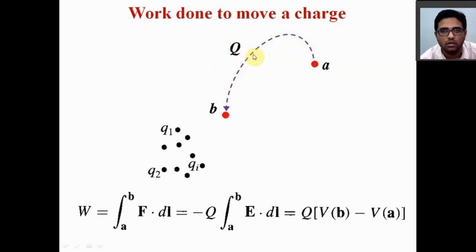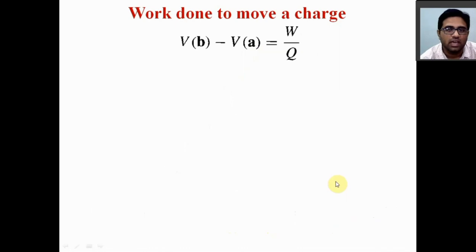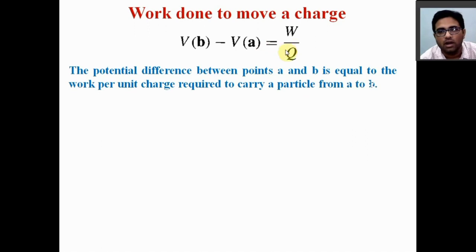So the work done is represented by this equation, and we get work done as charge Q multiplied by the potential difference between point B and point A. The potential difference is equal to the work done per unit charge required to carry the charged particle from A to B without any acceleration.